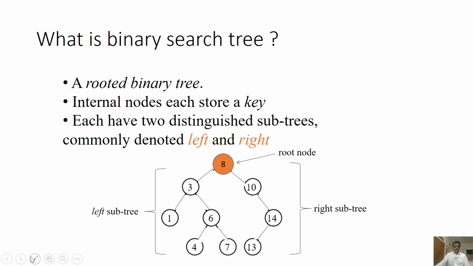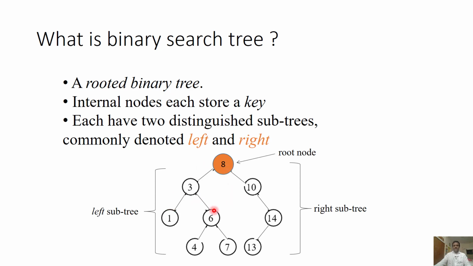If we consider any node in the left subtree, the key value of that node must be less than this node. If we consider any node in the right subtree, then its key value must be greater than this node, and this property must be true for every node, not only the root.